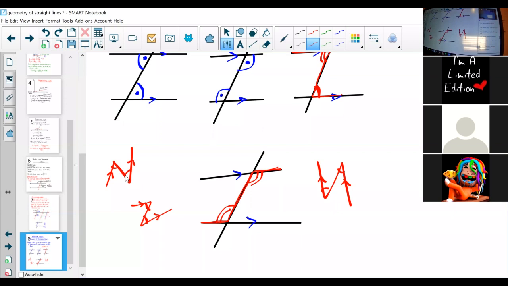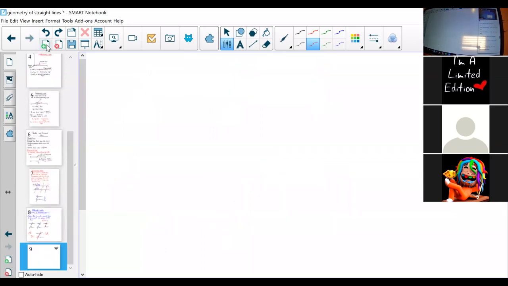Let's go to the third one. Remember, I'm going to send you the notes just immediately after this class. Let's go to the last one for the day. Co-interior angles.